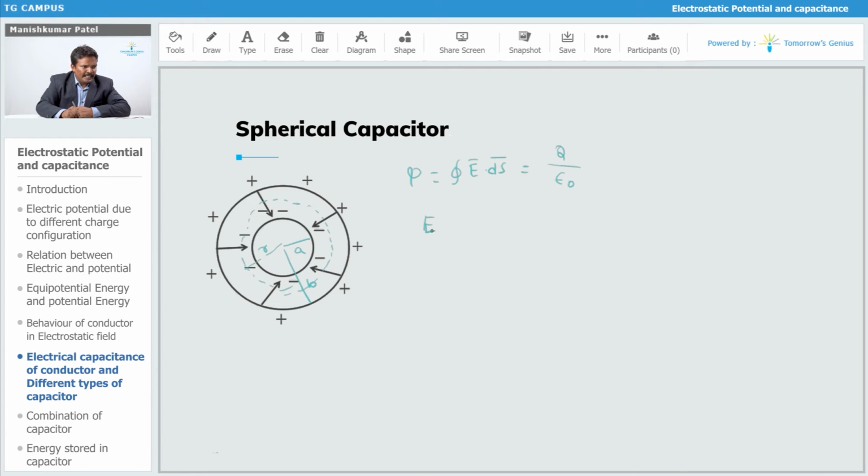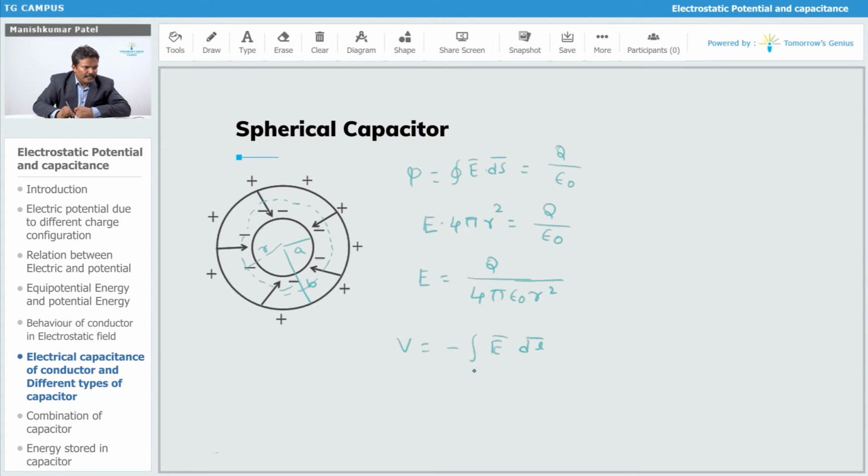E is constant, so you can write 4 pi r square times E equals Q upon epsilon naught. So you get the expression for the electric field intensity, which is E equals Q upon 4 pi epsilon naught r square. Again we can find the value of potential, which is minus the integration of E bar dot dl bar.